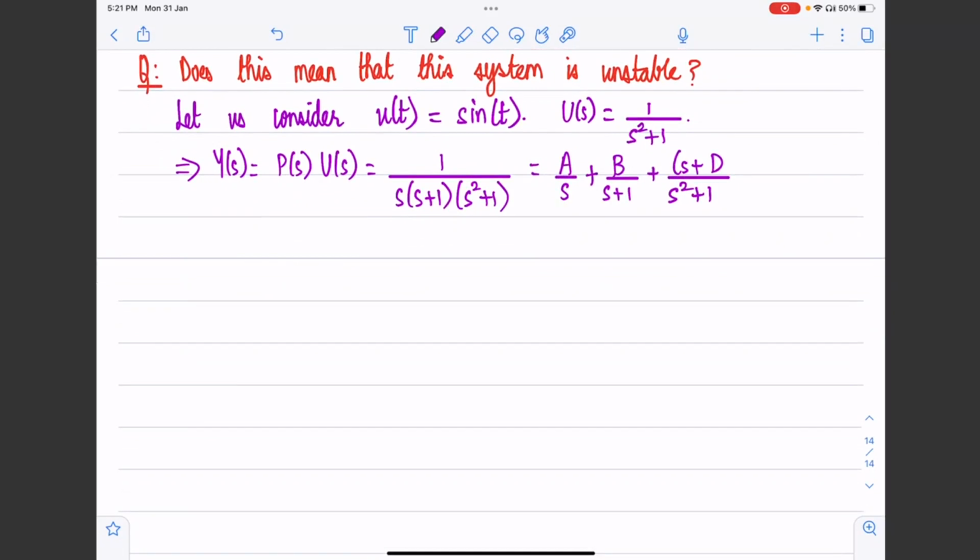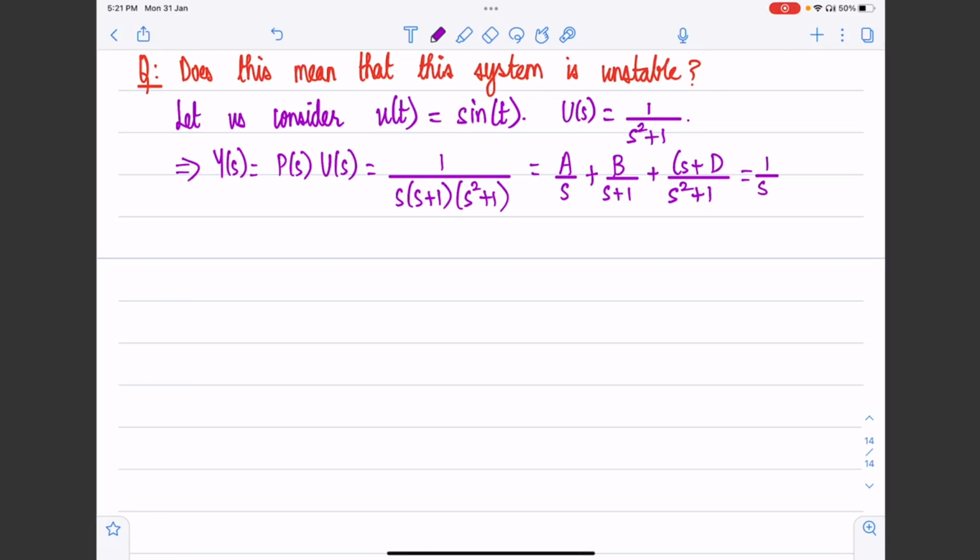Okay, so now the question becomes, how do we do this, right? By now all of us know, but let me do this partial fraction expansion so that we can ensure that all of us are on the same page. In order to find A, we multiply both sides by s and substitute s equals 0. If I do that, I will get A to be 1, because other terms on the right hand side will become 0, and the s in the denominator of the left hand side will cancel off.